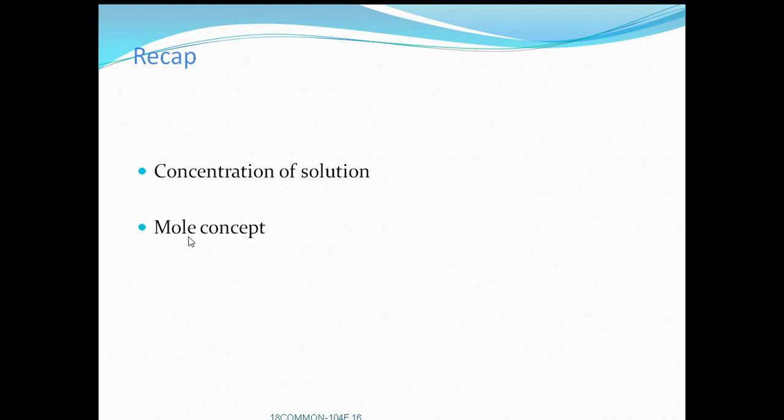Next, the mole concept. It is very important in solutions to know the molarity also. The mole concept means the quantity of a substance, and it is indicated by small n.